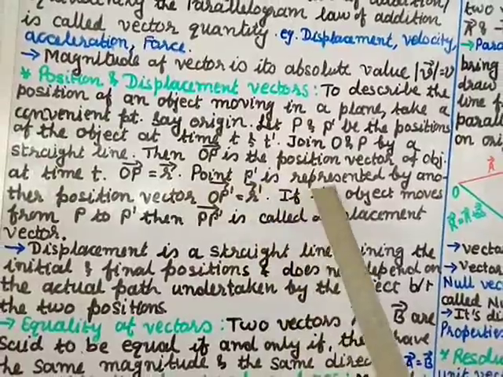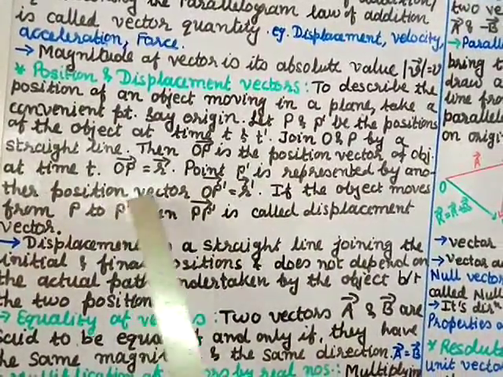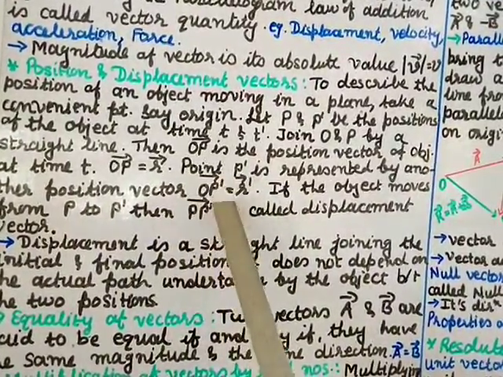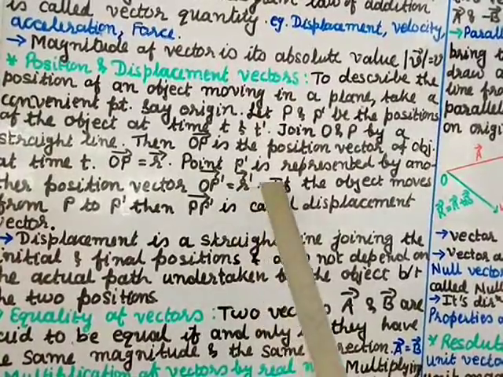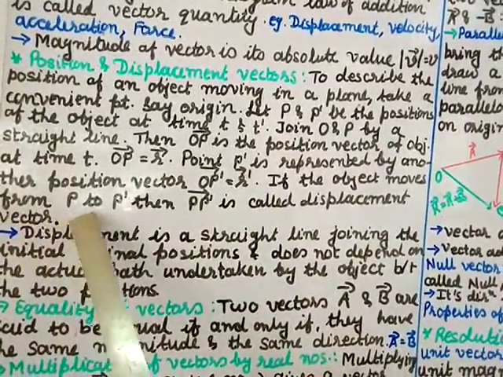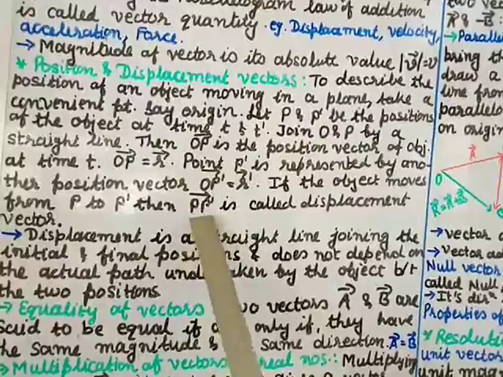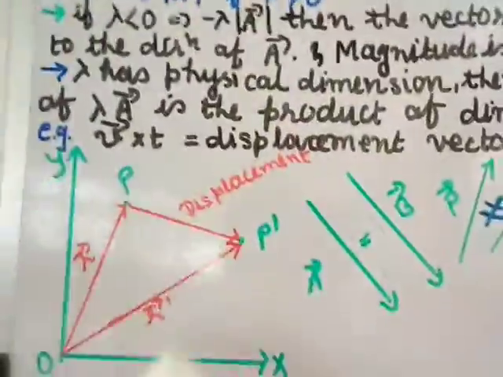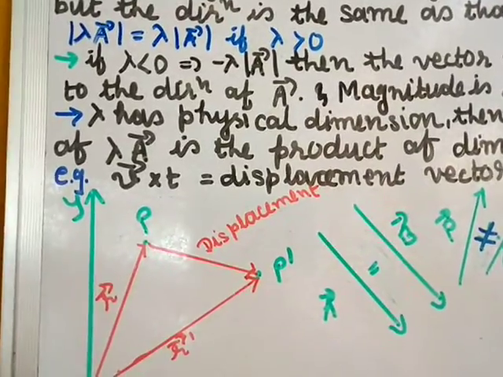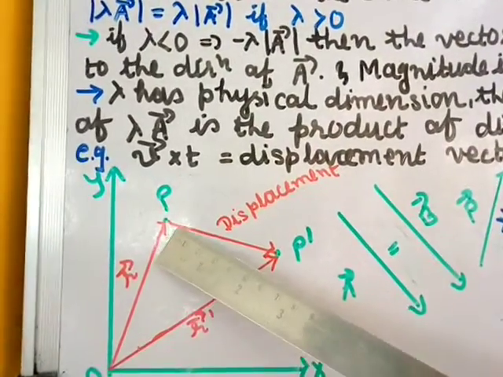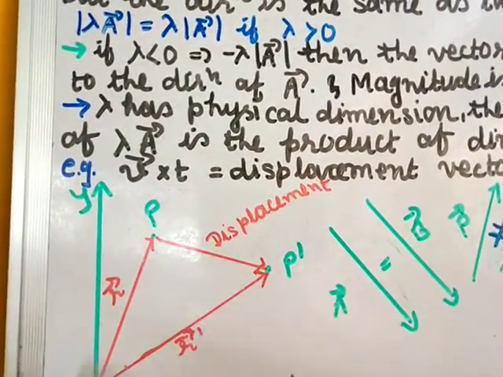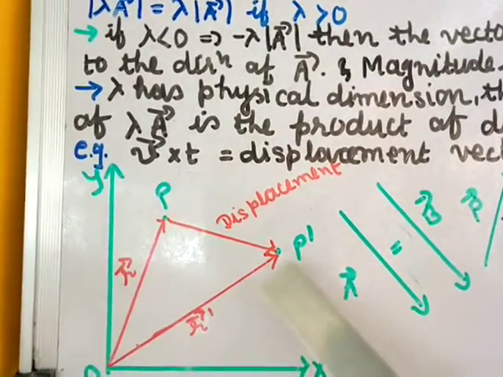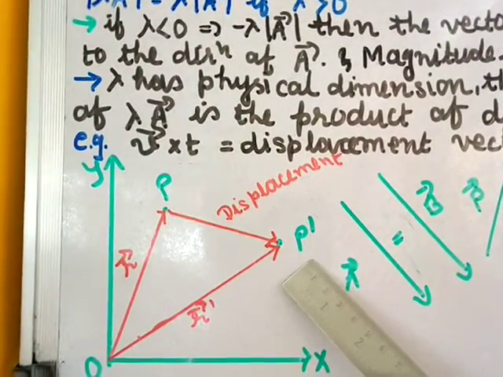Point P dash is represented by another position vector, vector OP dash equal to vector R dash. If the object moves from P to P dash, then vector PP dash is called the displacement vector. Now here you can see this is my convenient point origin. This is the position of the object at P at time t, and after some time t dash, the position of the object is at P dash.